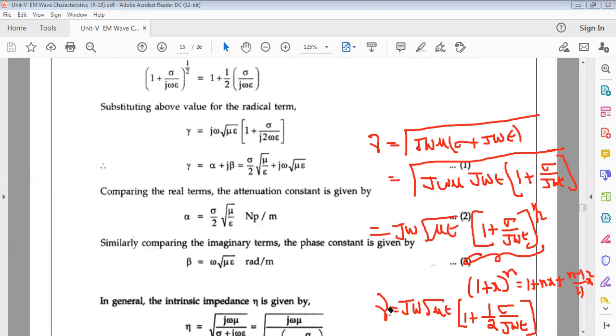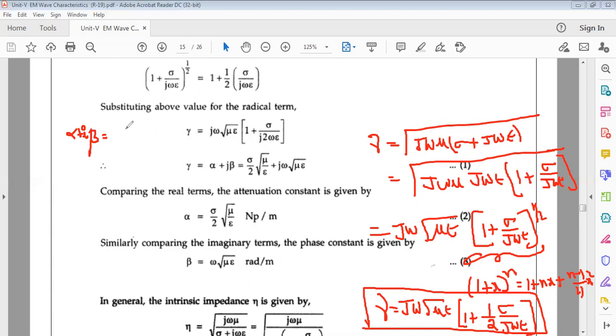So see here, gamma is equal to j omega under root of mu epsilon whole multiplied with 1 plus sigma by j into 2 omega epsilon, where gamma is alpha plus j beta. Multiply the term here, j omega with this function and j omega with this function, j gets cancelled.